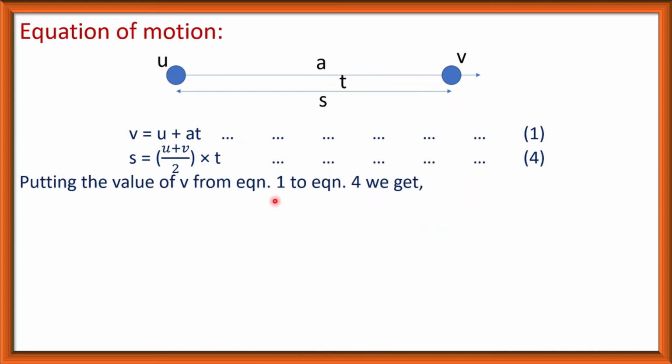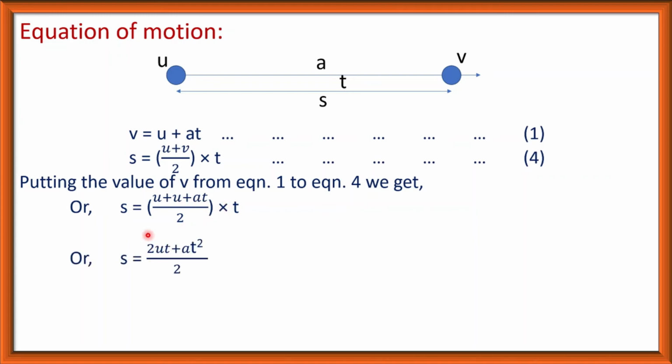Putting the value of v from equation 1 into equation 4, we get: from equation 1, the value of v is u plus at, and after putting this value of v in equation 4, u plus v, instead of v we will write u plus at. Here s is equal to u plus u plus at, divided by 2, into t.